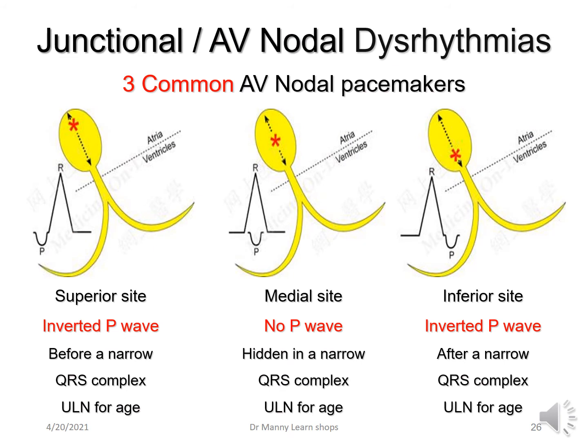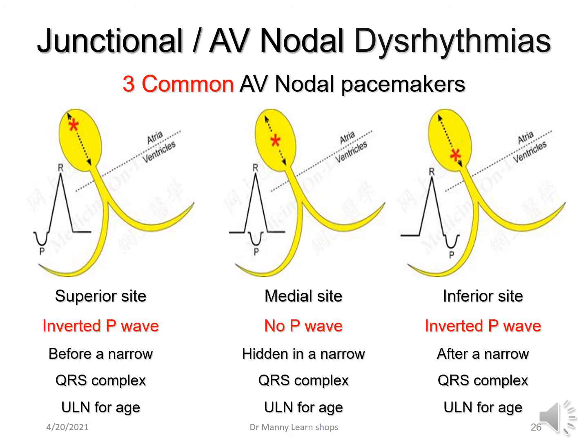Then we look at junctional or AV nodal dysrhythmias. And there are 3 common atrial ventricular nodal pacemakers. They can be located above, at the peak of the AV node, in the middle of the AV node, or at the bottom part of the AV node. And if they're located at the superior site above, then you'll see an inverted P wave before a narrow QRS complex.